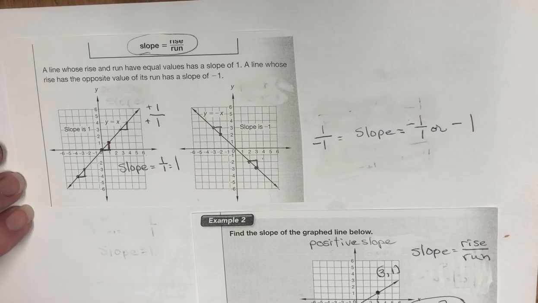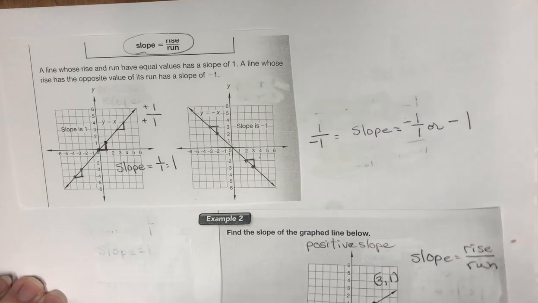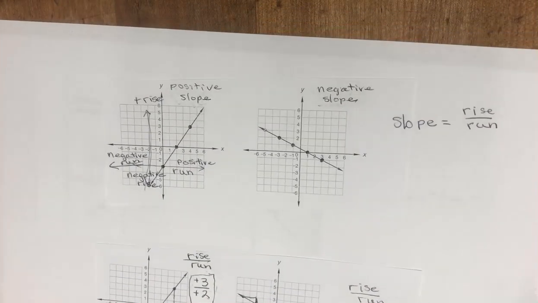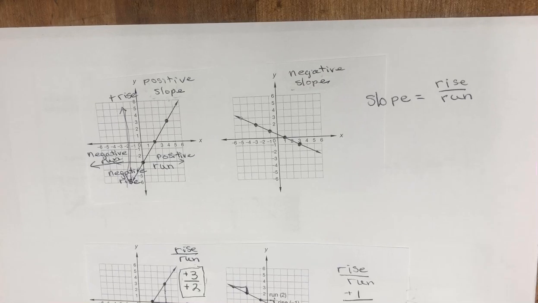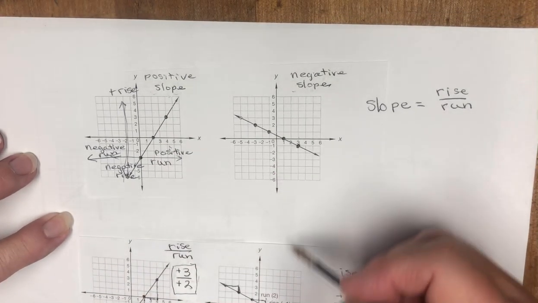Okay, we have to figure out a numerical way to figure our slopes. Let's look at it in general. These two are identical, and these two are identical.